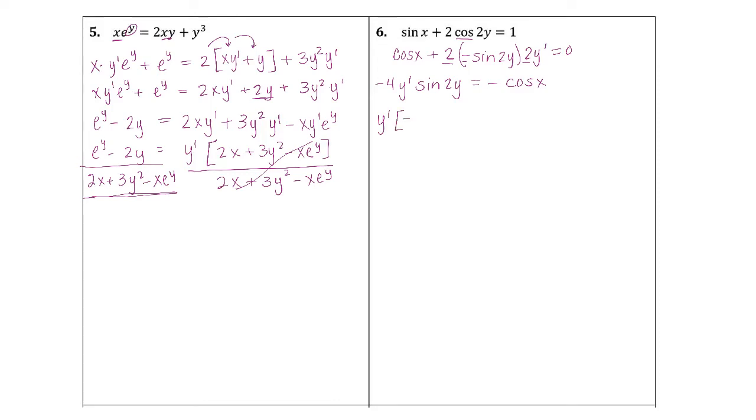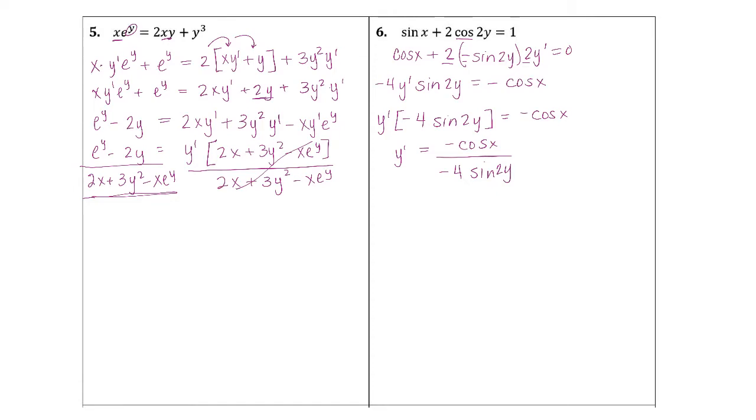So we have negative 4 sine 2y. And then finally, we will just divide by our negative 4 sine 2y. And that's going to be, again, all of the simplifying. You could probably cancel out those signs, but there's not going to be too much more I would do with that.